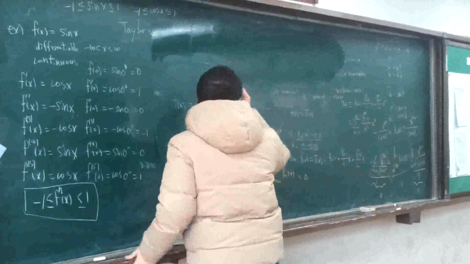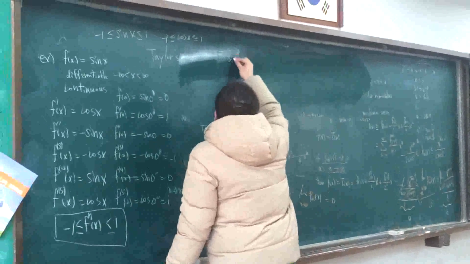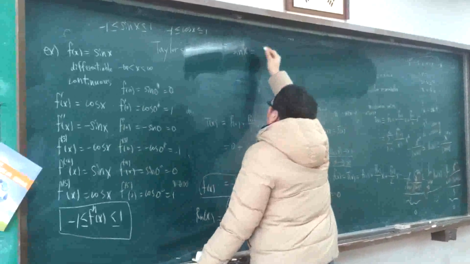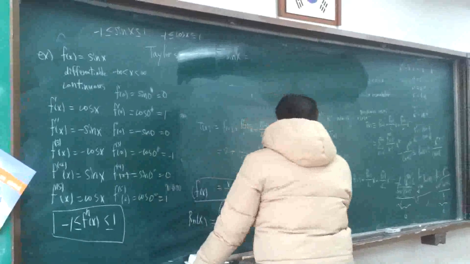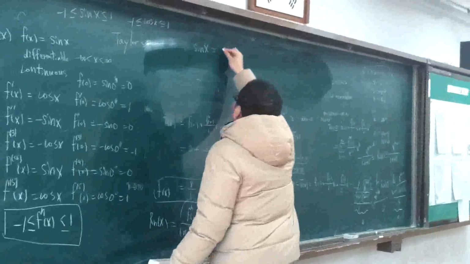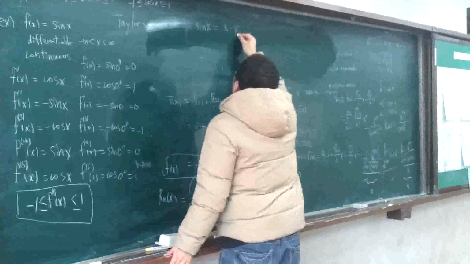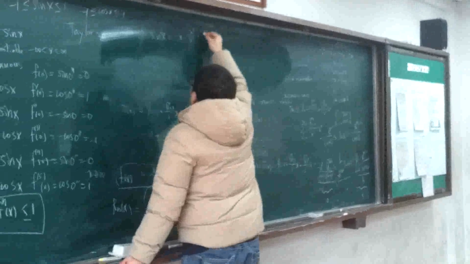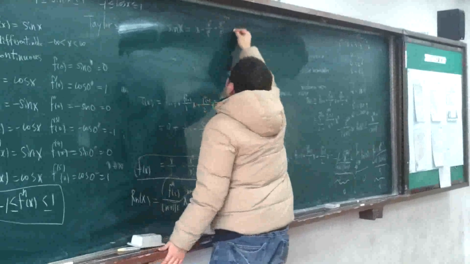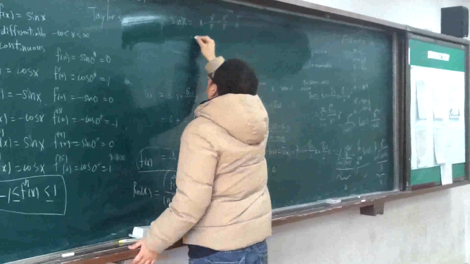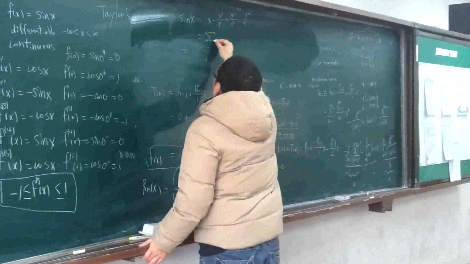So we can say the sinusoidal function sine x actually converges to the Maclaurin series of sine x. So it equals, and we can use the sigma notation.